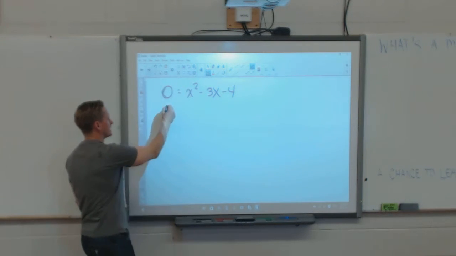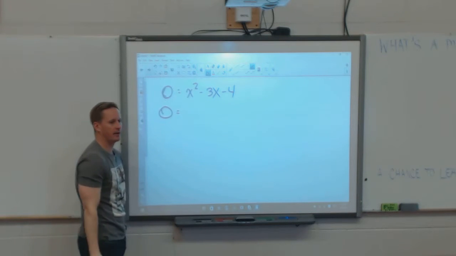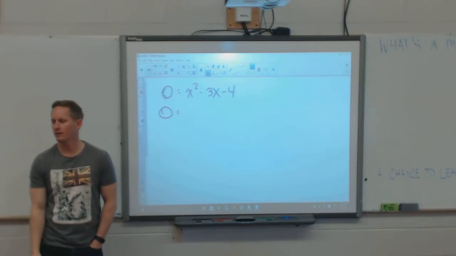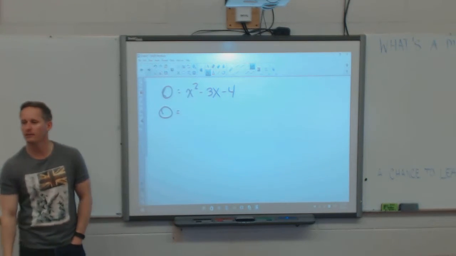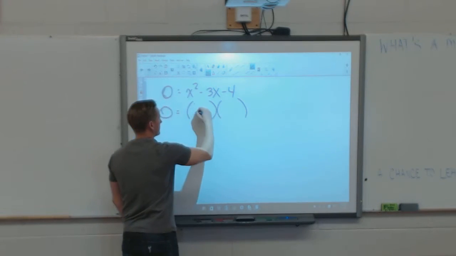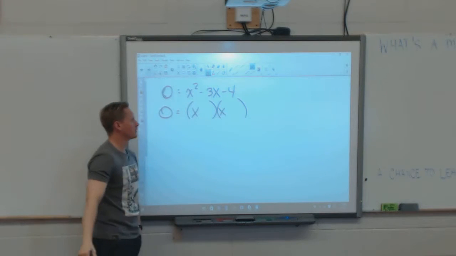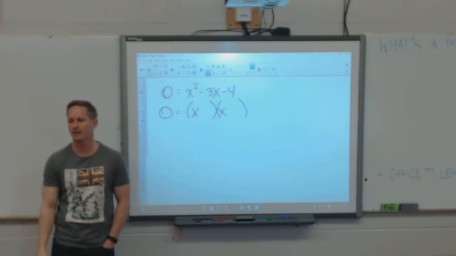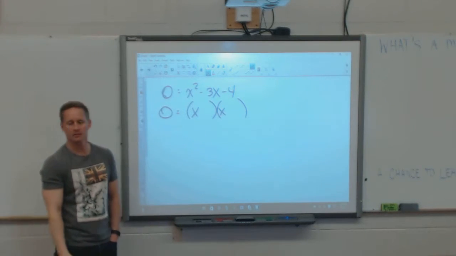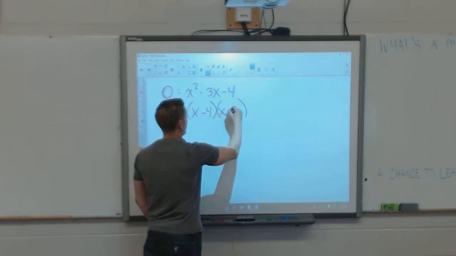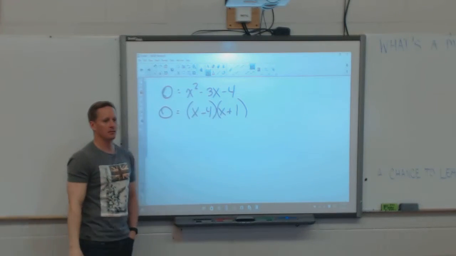So how do I get those x-intercepts? What do I do? Factor it, right? What are the factors of x squared? x and x. What are the factors of negative 4 that add to give me negative 3? Negative 4 and 1. Very good.